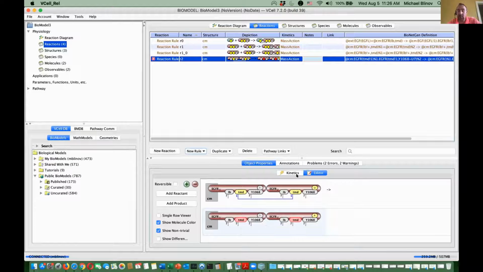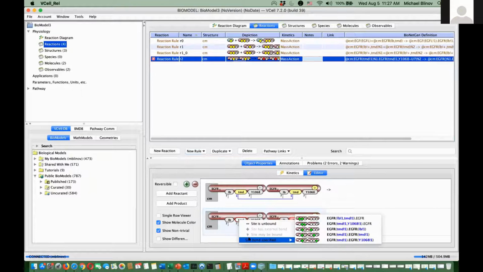Okay, and then Virtual Cell tells you an error, and why is it? Because you had these two receptors being connected as reactants, so they must continue to be connected.